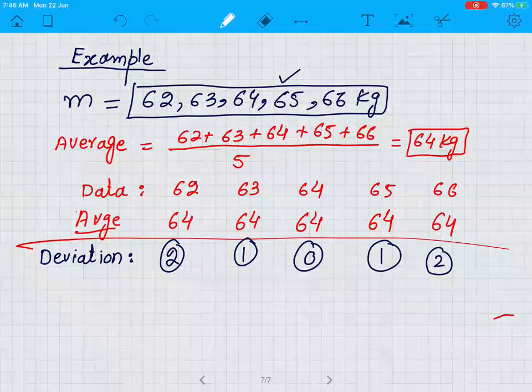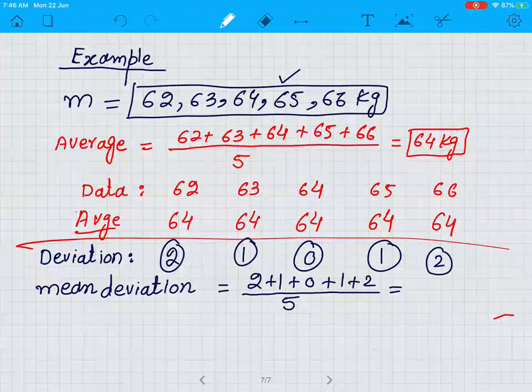Now calculate the mean deviation. The mean deviation is 2 plus 1 plus 0 plus 1 plus 2 whole over 5. So it would be 6 over 5, and the answer would be 1.2.